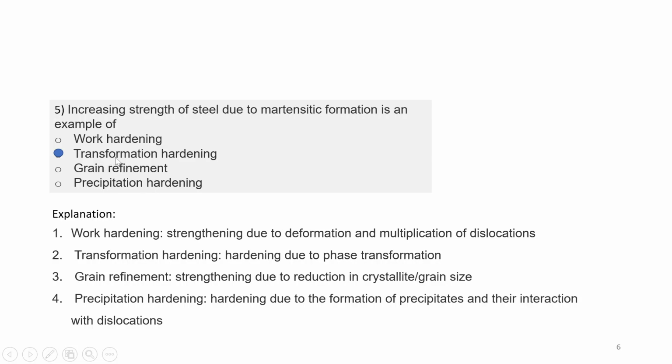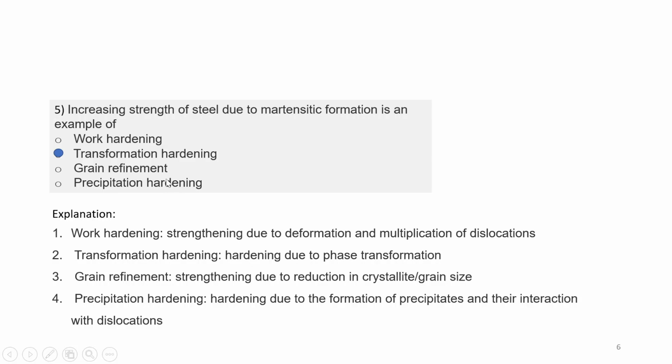And in case of transformation hardening, it is basically phase transformation. So when the formation of martensite occurs from austenite, it is transformation hardening. Okay, so transformation hardening is hardening due to phase transformation.